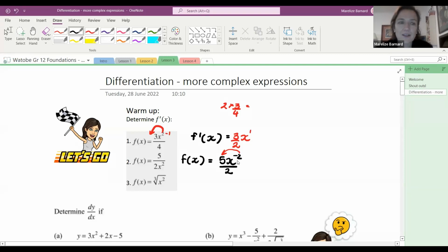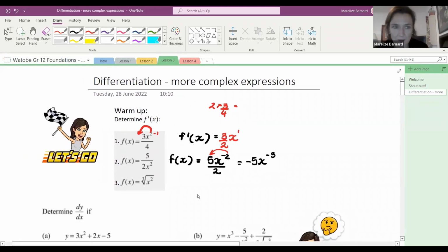Okay, so we're going to times the -2 by the 5. And that is going to be -5x to the power of -3. Good stuff. But let's just get our notation right here as well, because that is not quite the same thing. We have to differentiate. So f dash x is -5x to the -3.